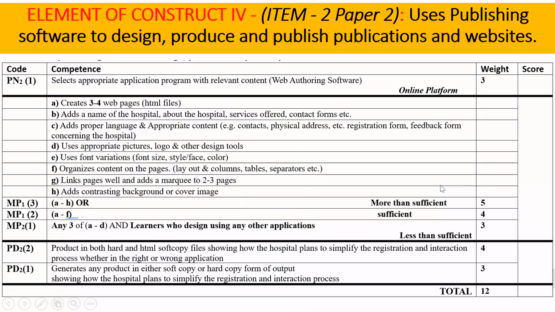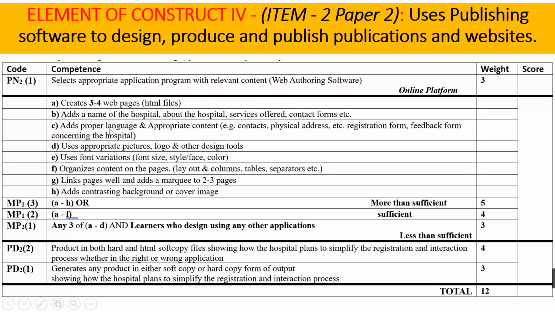And finally, we need to look at the score guide. The score sheet here, we are looking at the code planning. Has the candidate managed to select an appropriate program, which is a web authoring software to design an online platform? Will take 3 weights. Has the candidate managed to create 3 to 4 web HTML pages?